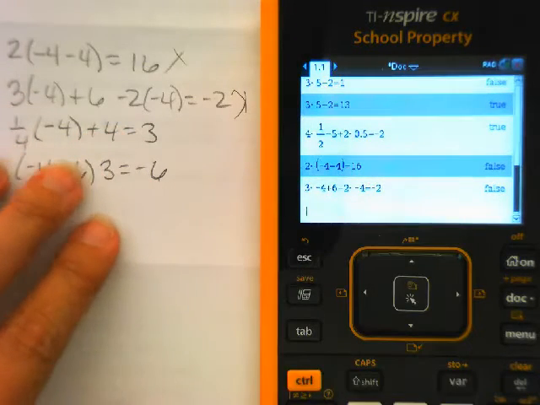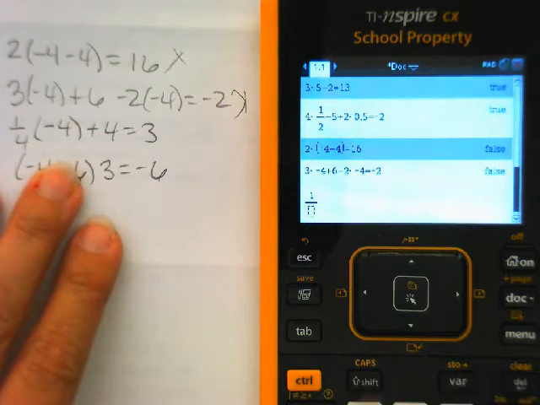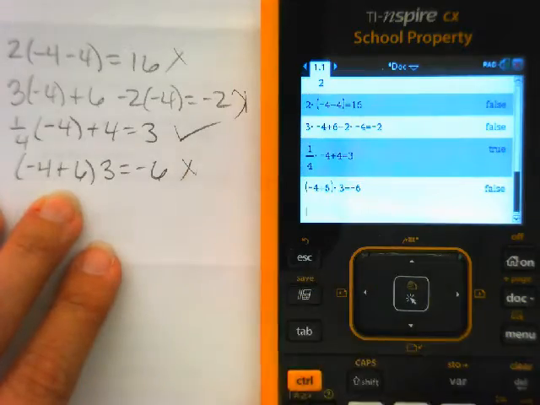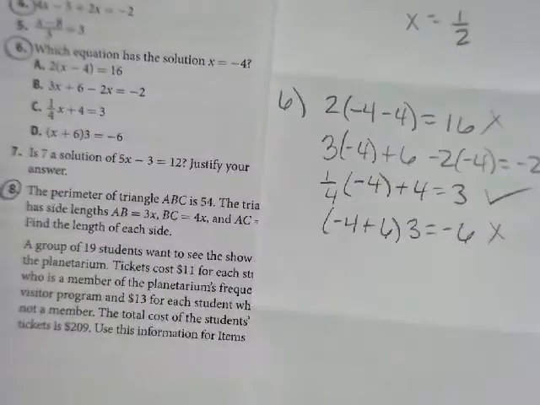No. 1/4. You could also use 0.25 there. Times negative 4 plus 4 equals 3. And check the last one just to be sure. Negative 4 plus 6 times 3 equals negative 6. False. So you can see, in fact, that it was C.